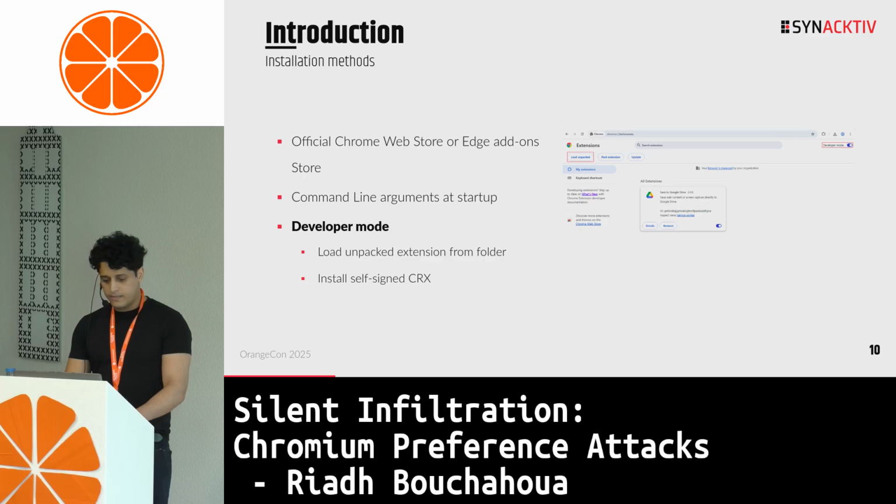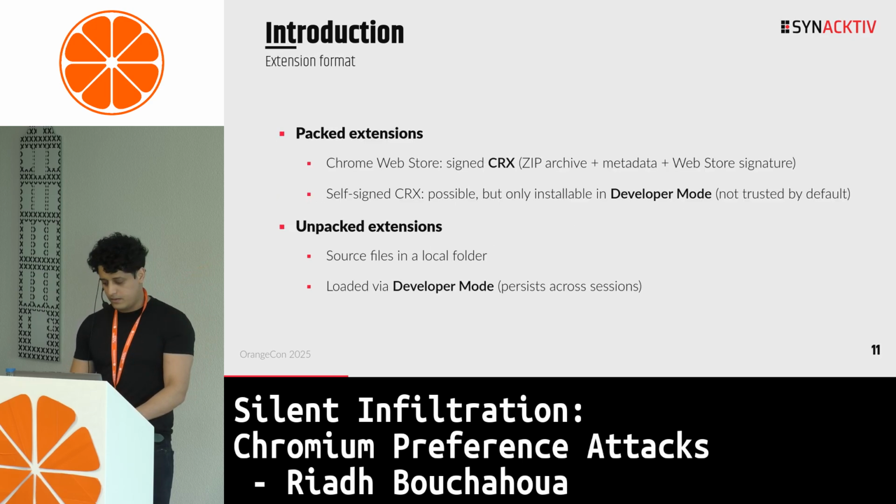And we have the latest method, which is developer mode. We can load an unpacked extension by specifying a folder, or we can self-sign an unpacked extension to generate a CRX, which is the format of packed Chromium extensions, and then just drag and drop it to install it into the browser. However, we need to have developer mode enabled, as you can see on the top right.